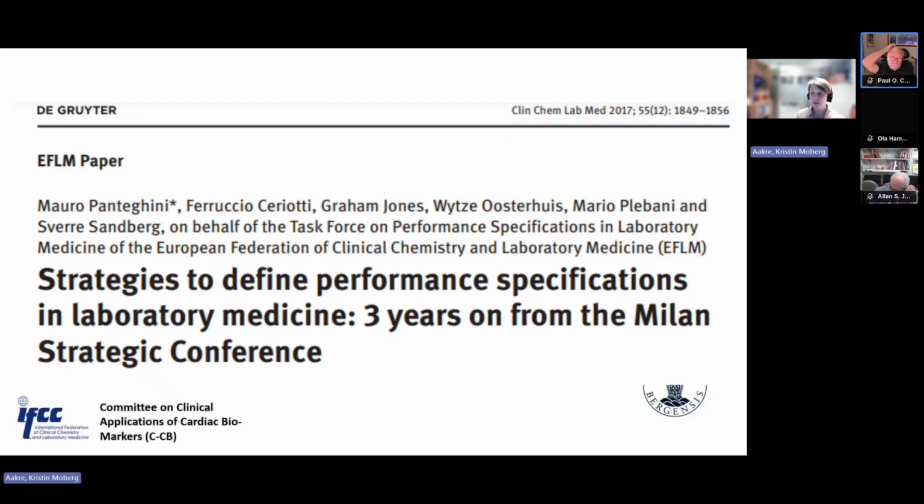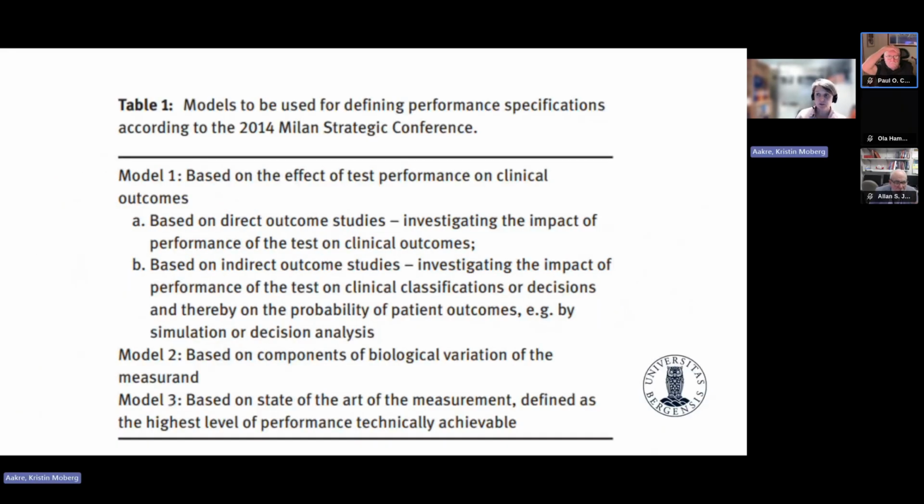After that, some of the participants wrote a consensus statement discussing how we should decide the analytical performance specifications and what principles should be laid down. And they suggested different models for deciding this.